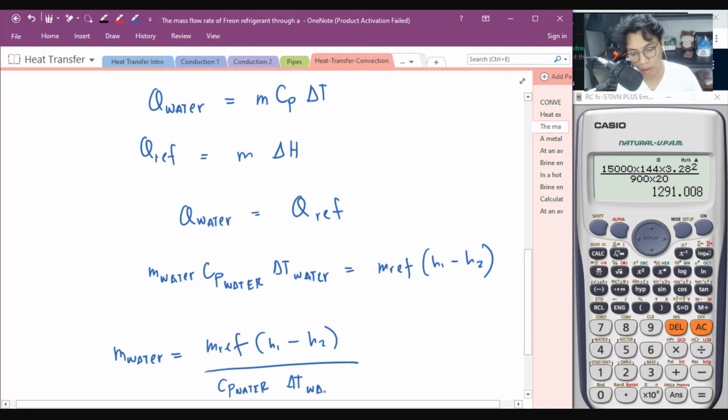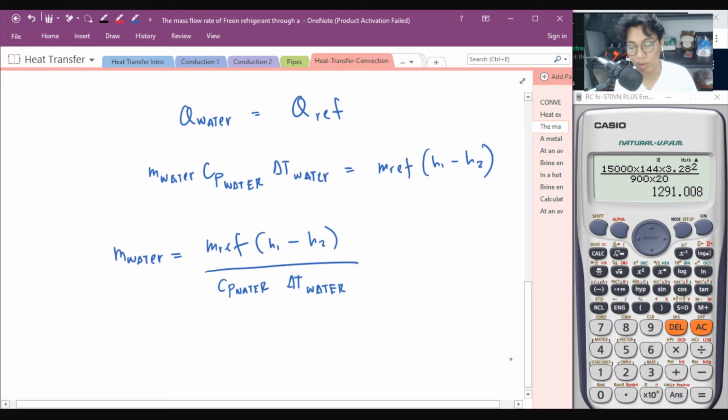Sir, may encounter pa ba namin to into the later parts? Yes, may encounter nyo to. Number 1, sa power plant, refrigeration, kung tapos na kayo, at yung air conditioning, pag pumunta na kayo ng cooling tower. Tatlo ang heat exchange dyan. Number 1, sa system mo, ang nagpapalamig ng iyong air conditioning, magkakaroon ka ng heat exchange dyan. Okay? Nagpapalamig dyan is the refrigeration system.